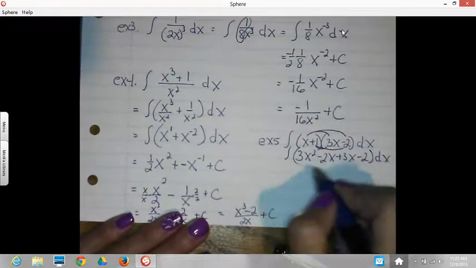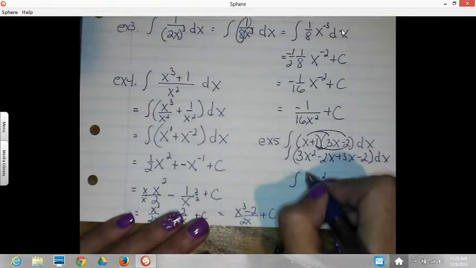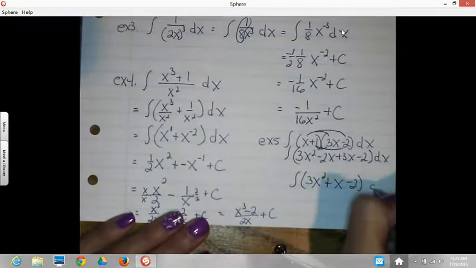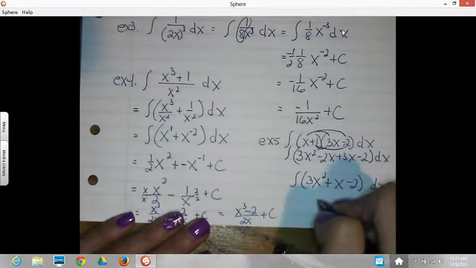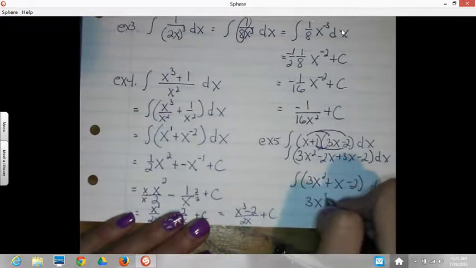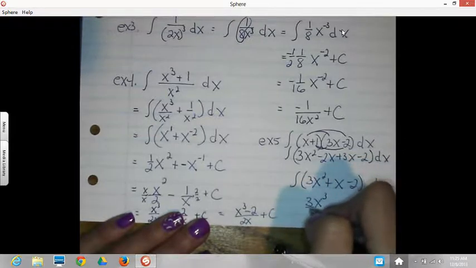I guess I'll simplify here first. 3x squared plus x minus 2 dx. Integrating, add 1 to the exponent. Carry along the multiplier. Multiplying by the reciprocal, that's a 1/3. That's going to cancel.